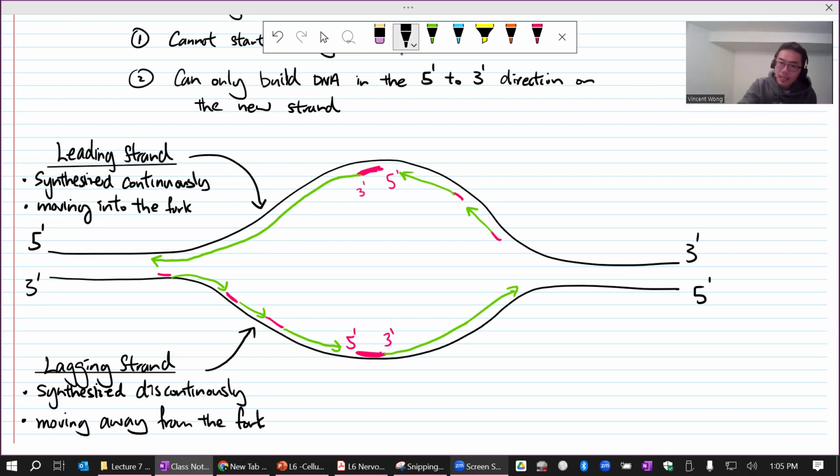Okay, but that's only one side of the bubble. If you look at the other side, then you see the situation has switched. This top strand, now top part here becomes lagging. And the bottom becomes leading.